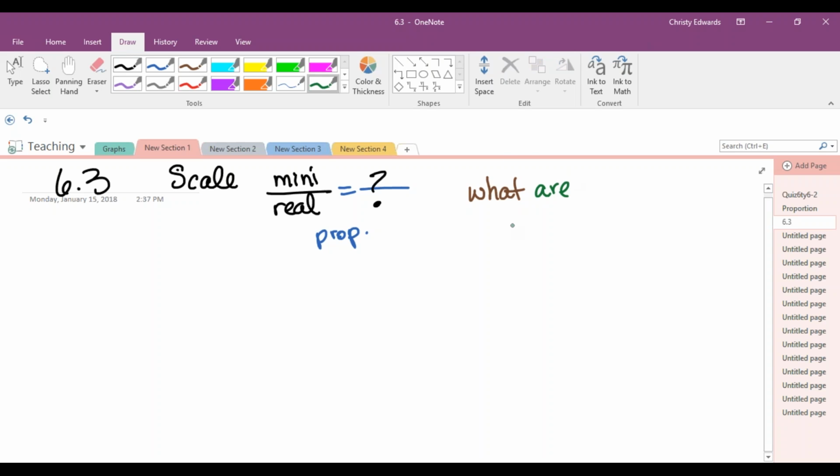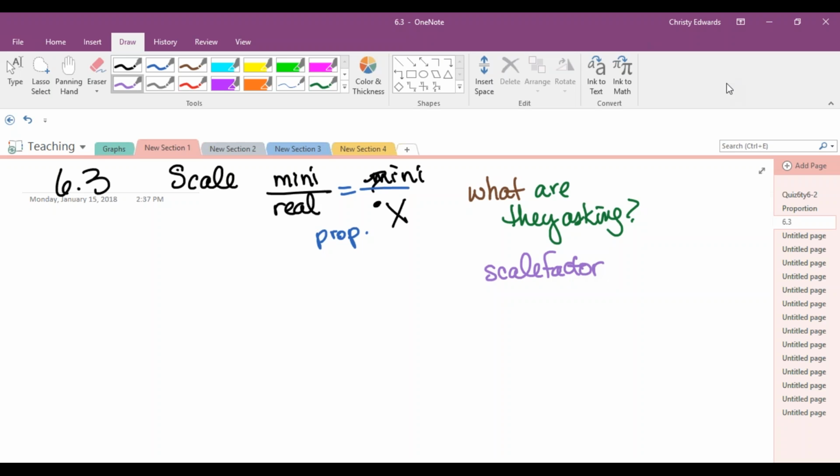Here's why I think some people find that difficult: if they tell you the miniature information but not the real information, you put an X and cross multiply and solve, and that may not be that bad, but some of the questions ask you about scale factor, and that's a different question.